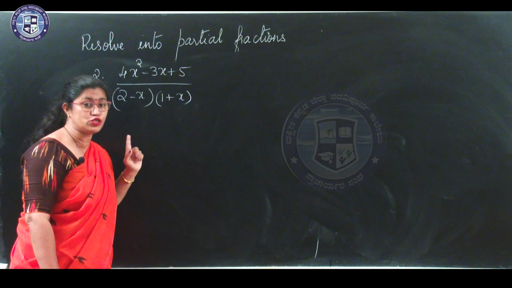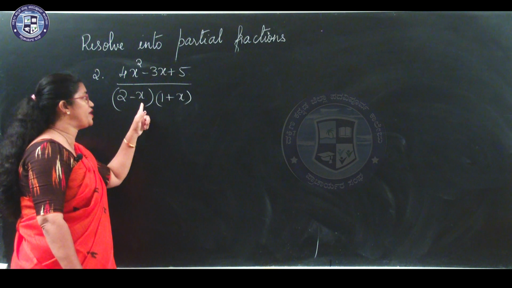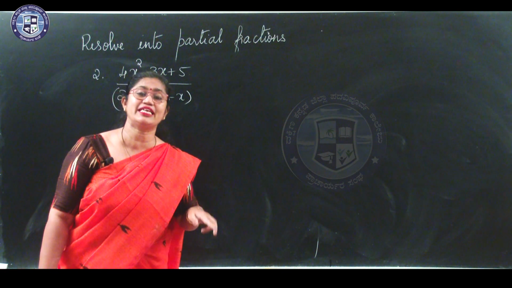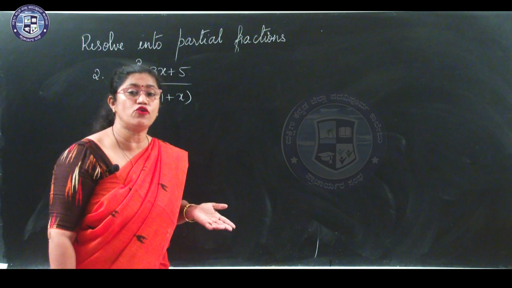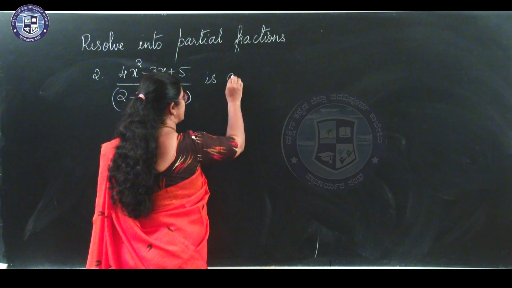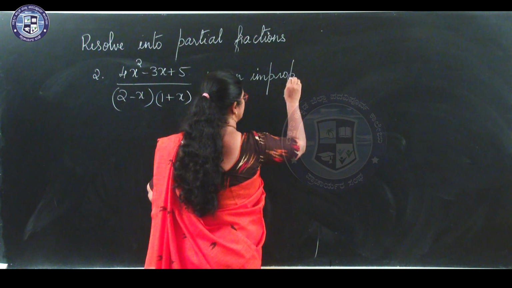After you multiply, you should see the degree. After you multiply, you will notice x into x will give you x square. So again you notice the degree of the denominator is 2, the degree of the numerator also is 2. Therefore, whatever is given to us, the rational function is an improper fraction.